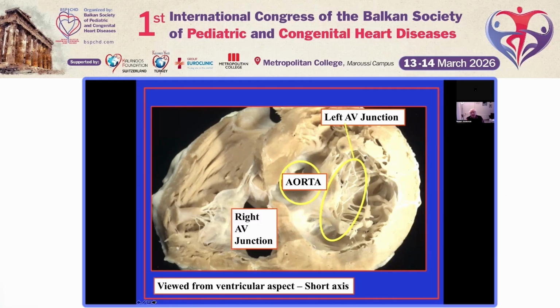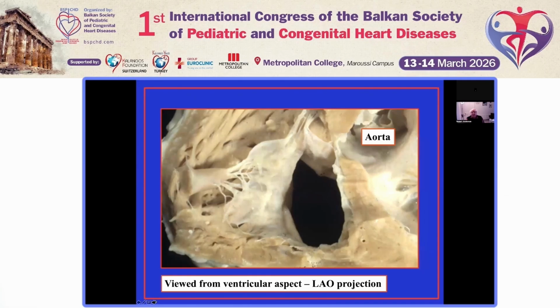So our attention now is on the right atrioventricular junction. So let's blow that up. And now we see that separating the aorta from the right atrioventricular junction, we have the membranous septum. But we're concentrating on the leaflets, and one is adjacent to the septum, and that is the septal leaflet.